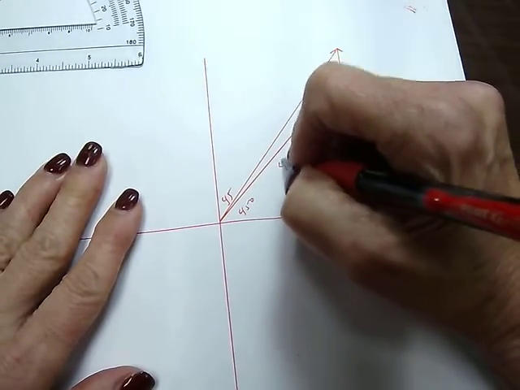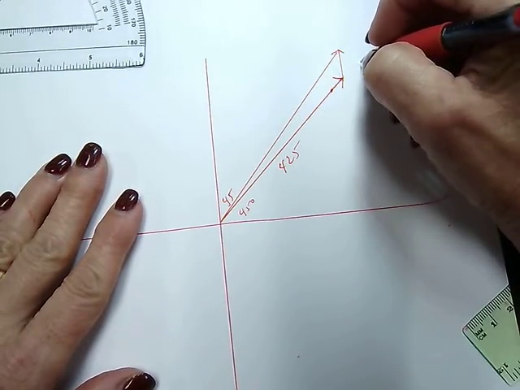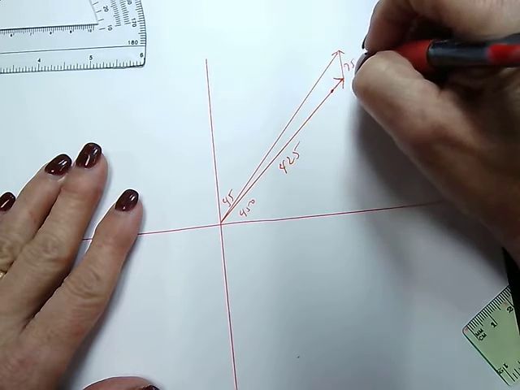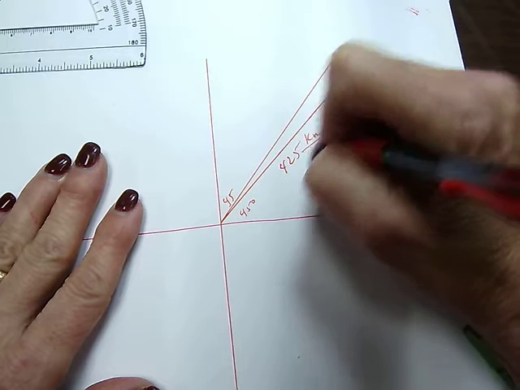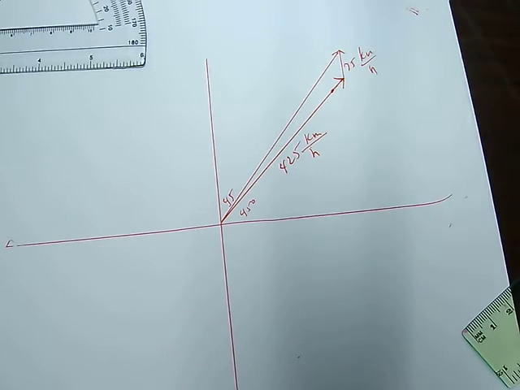And this was 425, and this was 75 kilometers per hour. Now, if you'll notice, this whole triangle doesn't have a right angle in it, right? Okay, I'm going to help you fix this, okay?